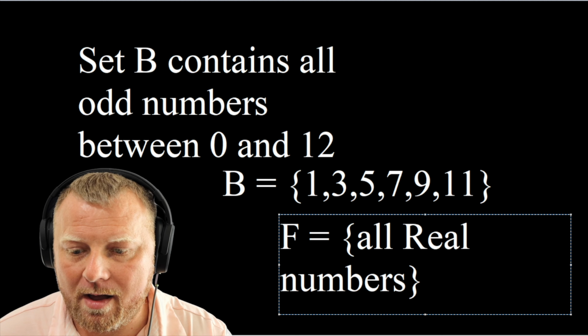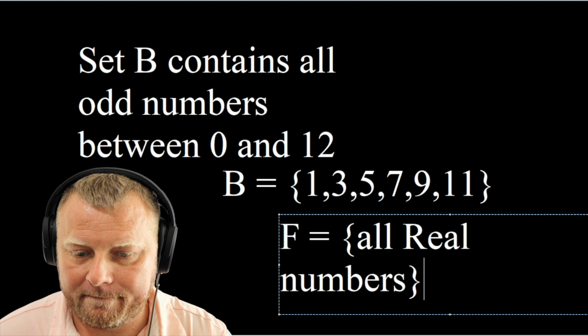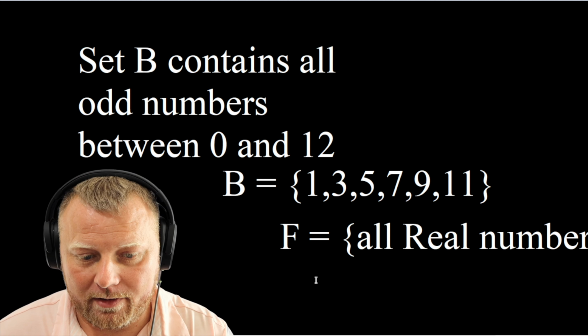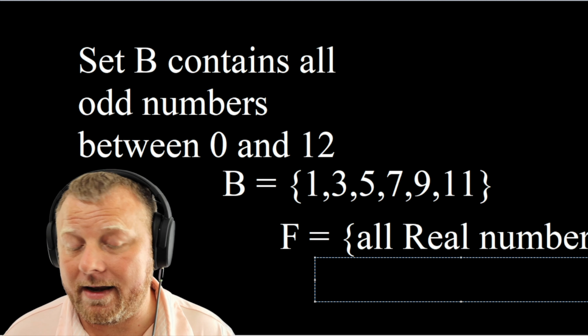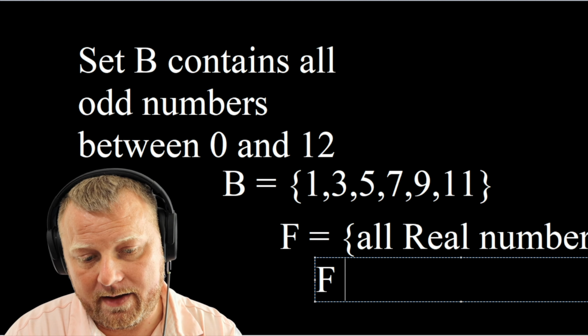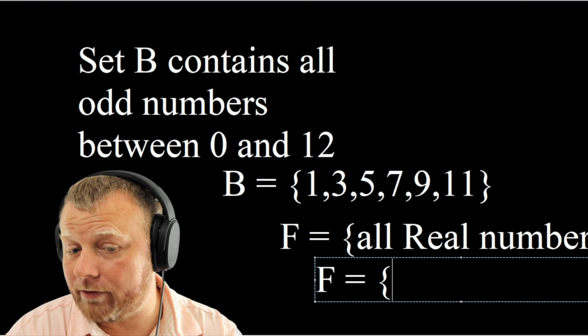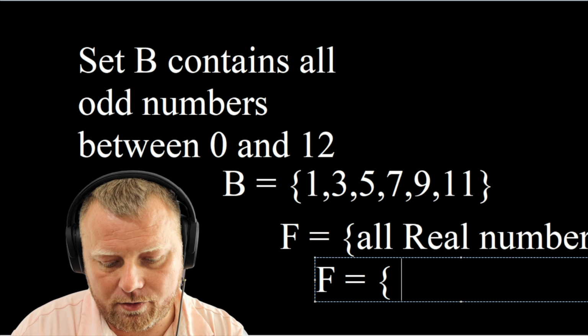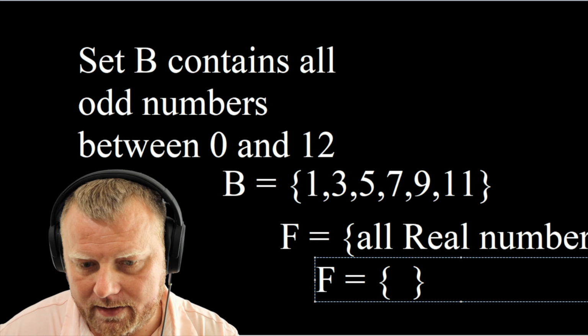We could not possibly write this out, because we can't write out all real numbers, but we can denote real numbers. Again, in the previous lesson, we could say F is equal to the set that contains all real numbers. Remember that fancy R? I'm going to draw it out.